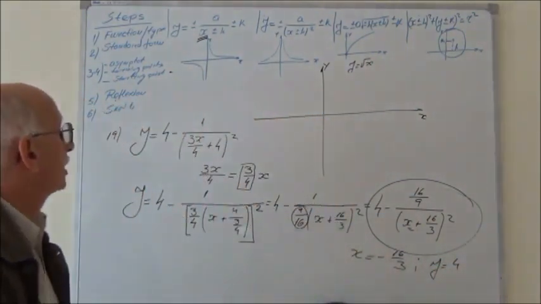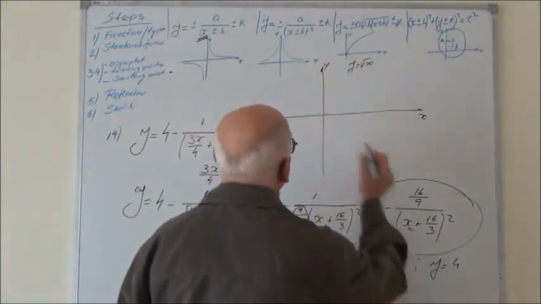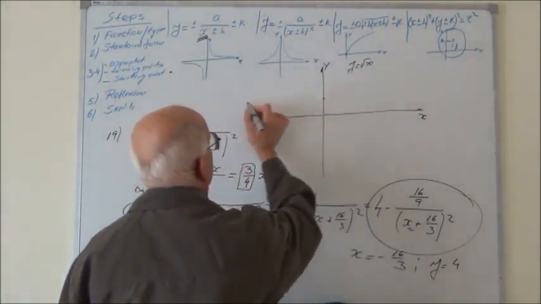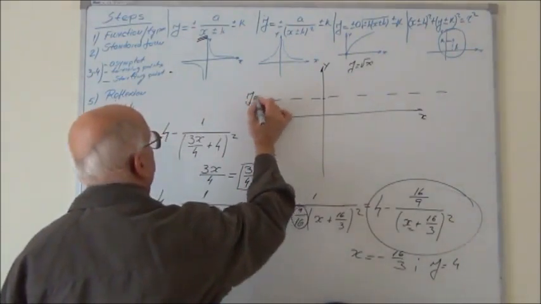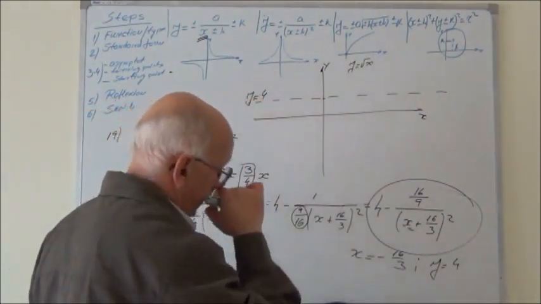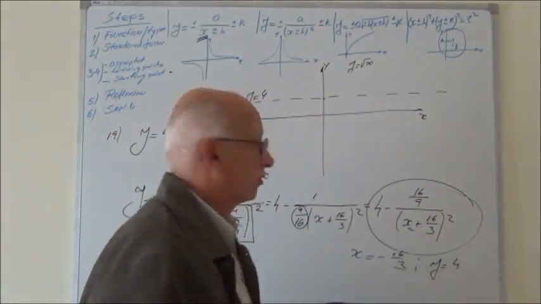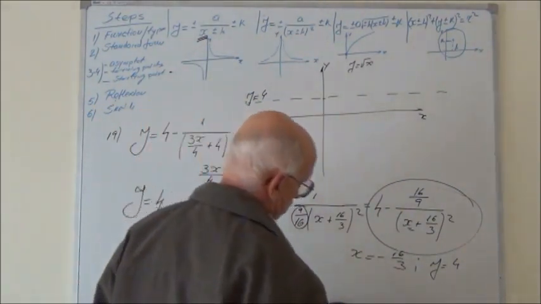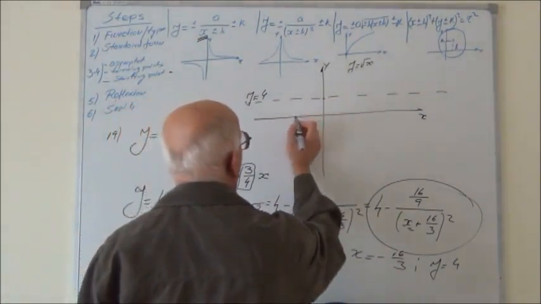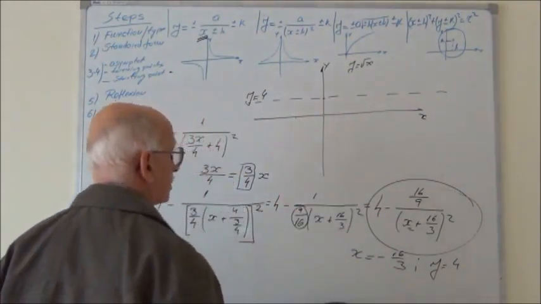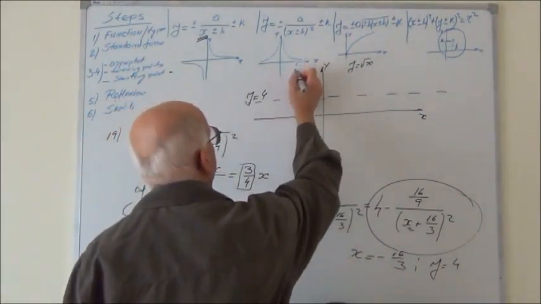The vertical asymptote equation is x equal minus 16 on 3. And now we can draw those asymptotes. Y equal 4, let's say if we make it somewhere here. X equal negative 16 on 3, that is a bit more than 5. So we are going on the negative side, let's say somewhere here.